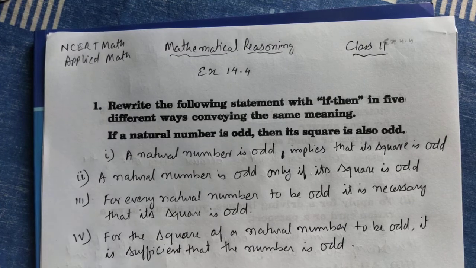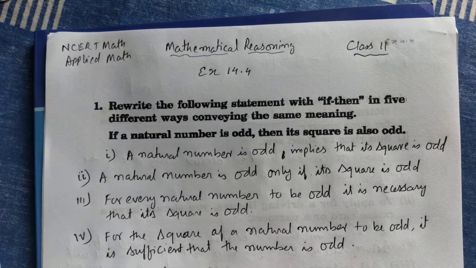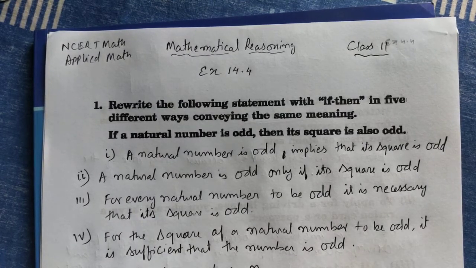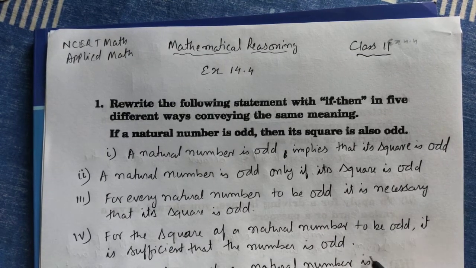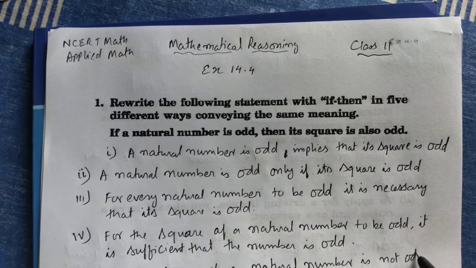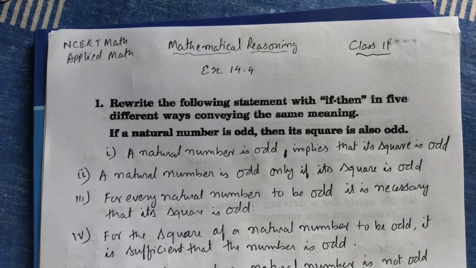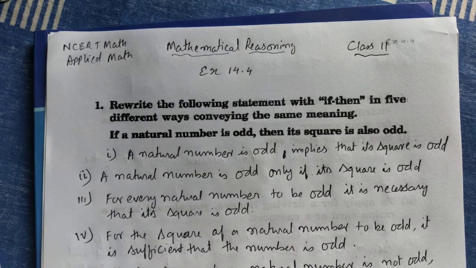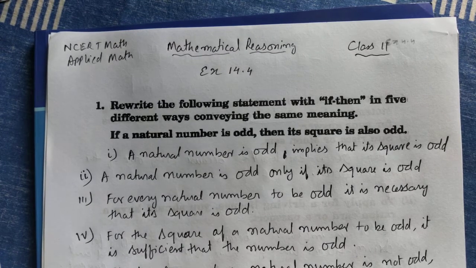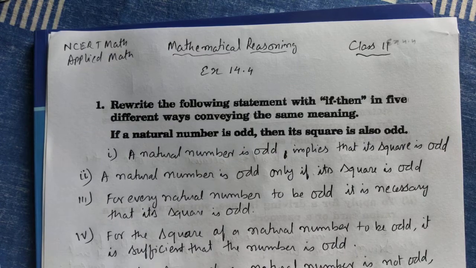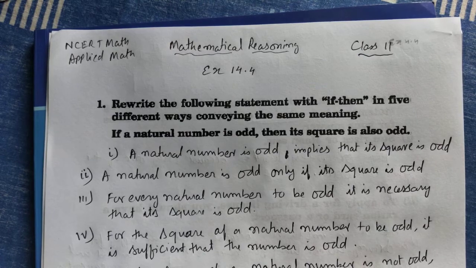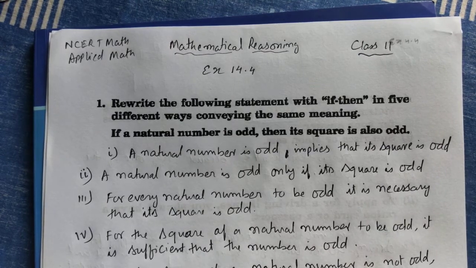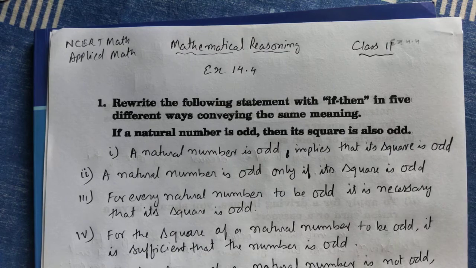Last way, fifth way: if the square of a natural number is not odd, we're writing the contrapositive, then the natural number is not odd.